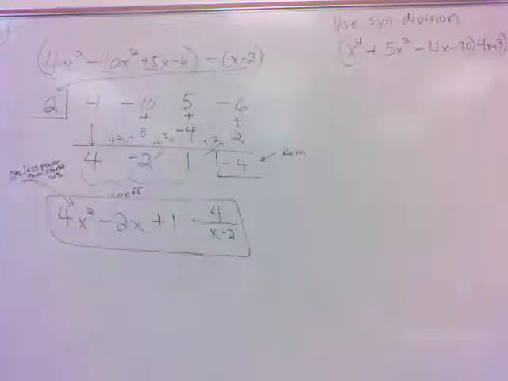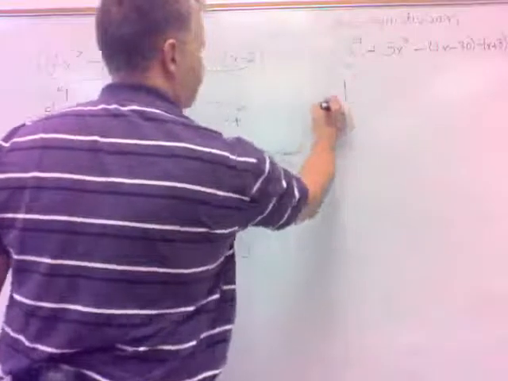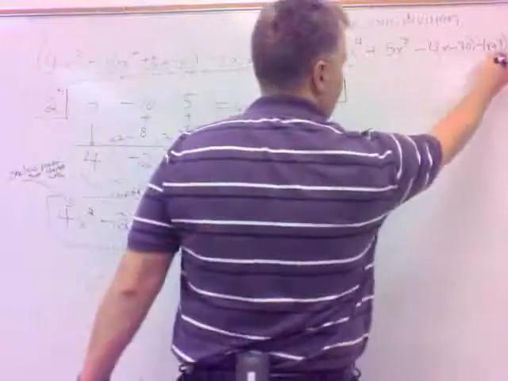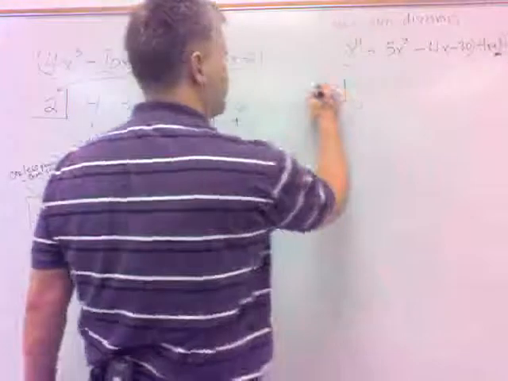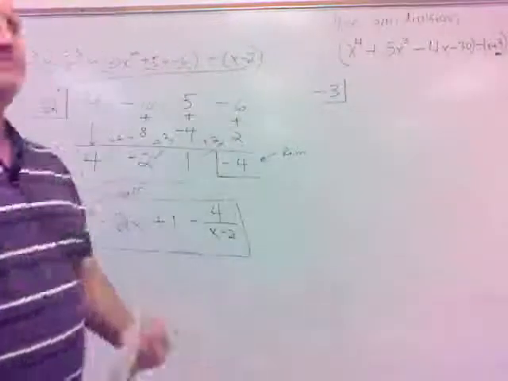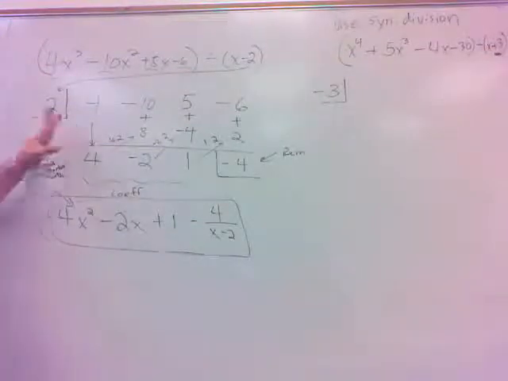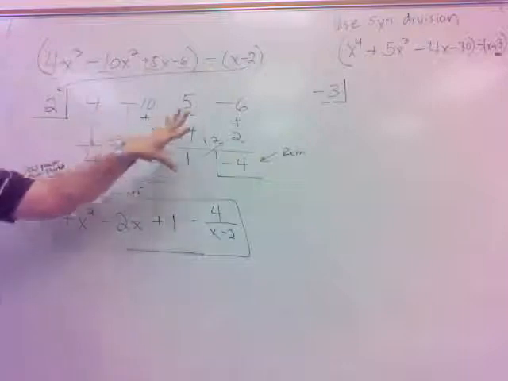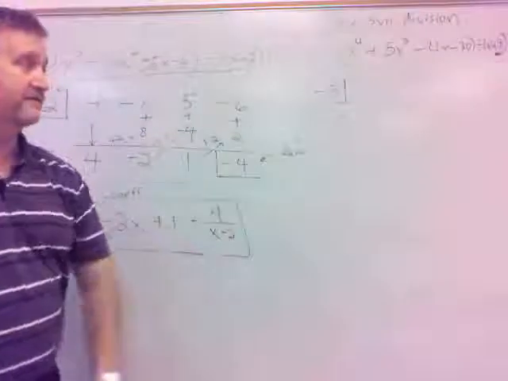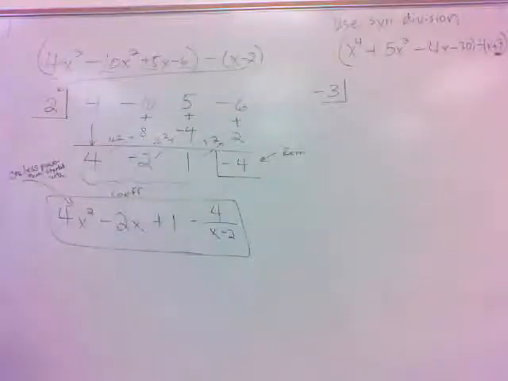So if I use synthetic division, what goes here? Negative 3. Yeah, we do the opposite of what's over here. And the reason it's opposite is because that takes care of the subtraction. Technically we need to subtract these things, but if we do the negative there, it takes care of that, the opposite. Okay.